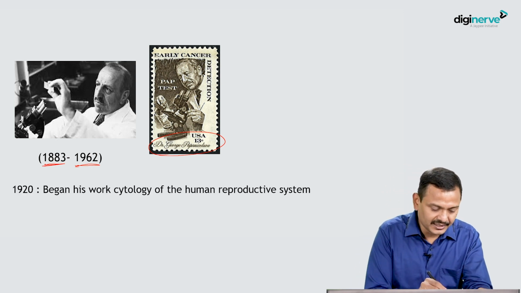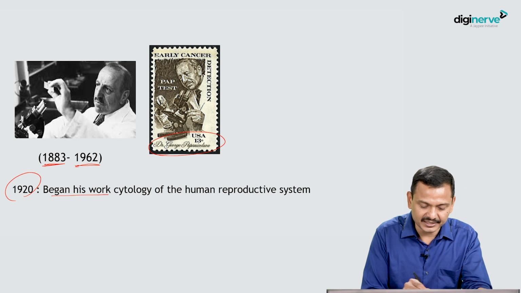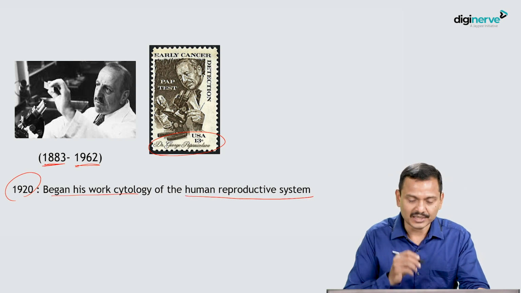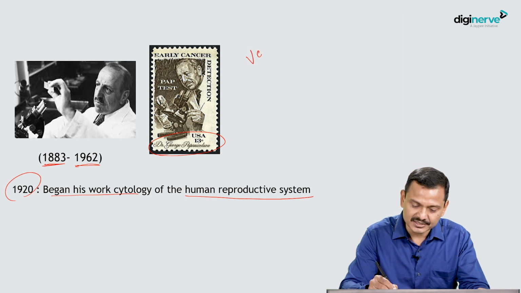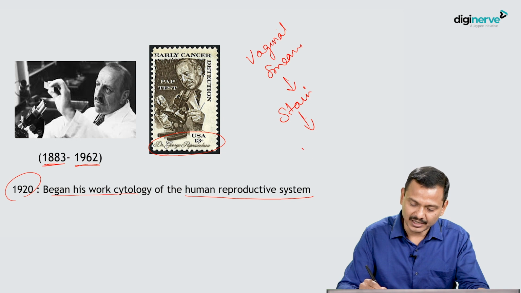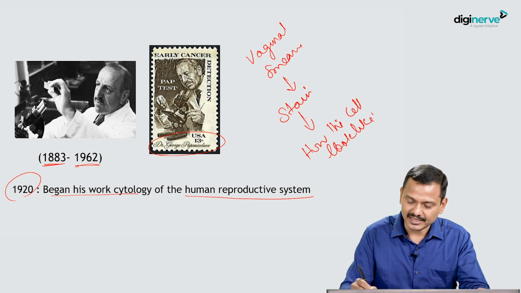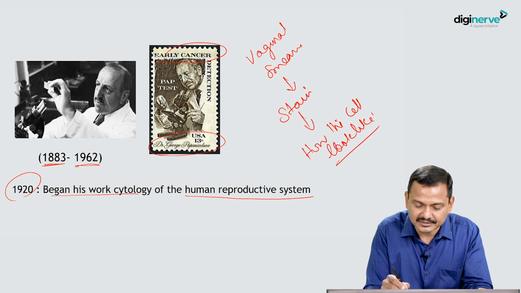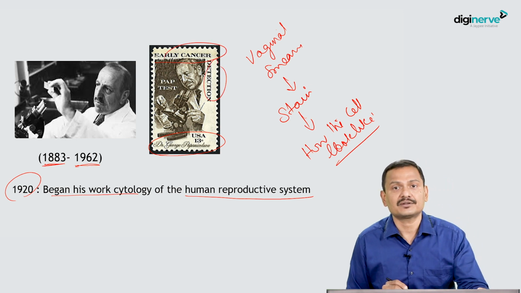Okay, in 1920 he began his work in the human reproductive system. So what he used to do, he used to take vaginal smears, then he used to stain them and then he used to see how the cells look, and that is how he started early cancer detection in cervical cancer.